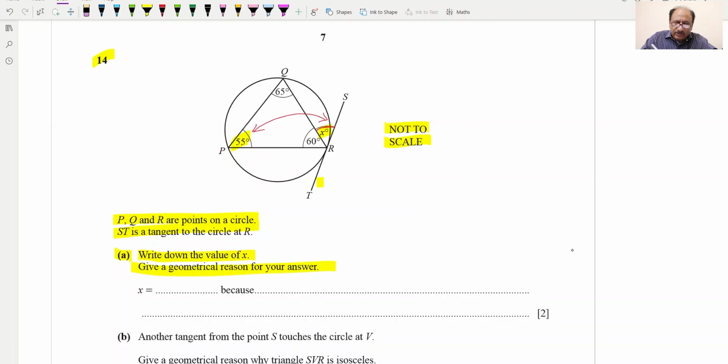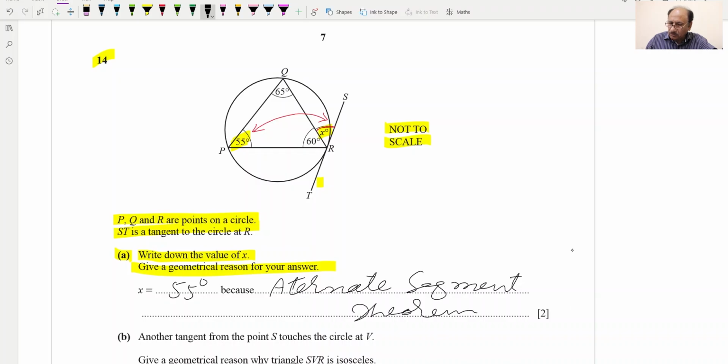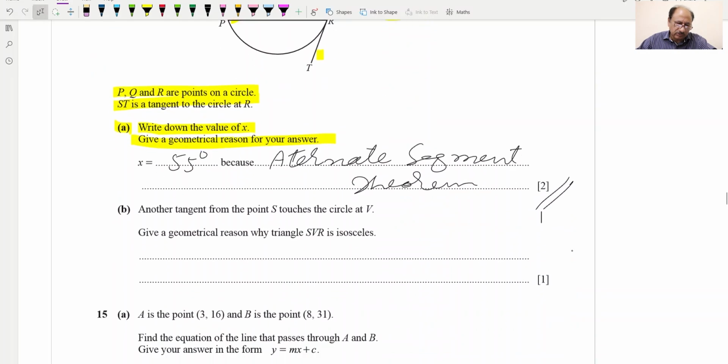The remote interior angle is 55 over here, so we can write the answer as 55 degrees, and we will write the reason: by alternate segment theorem. That's all. This is sufficient in a 2-mark question.